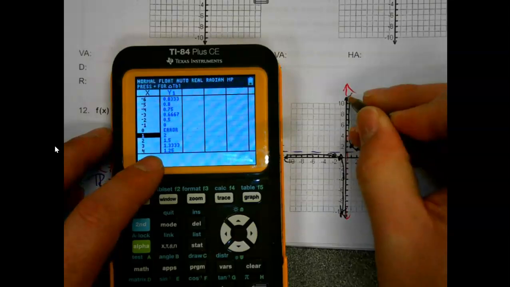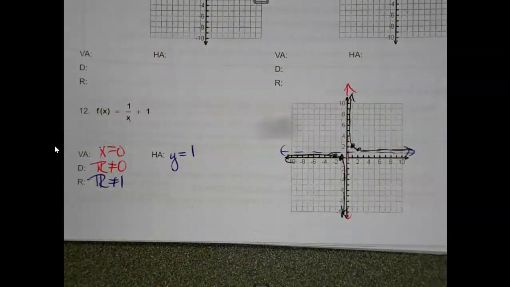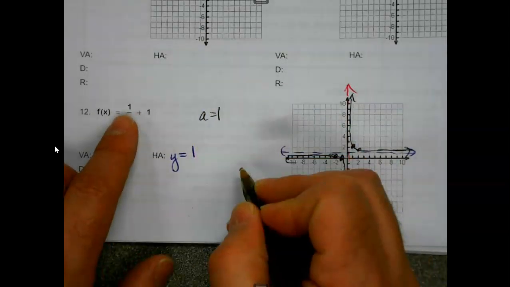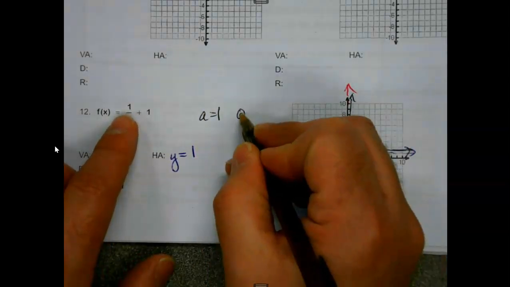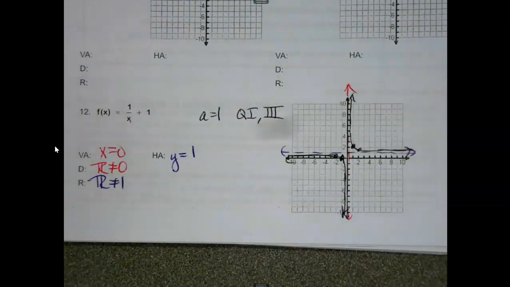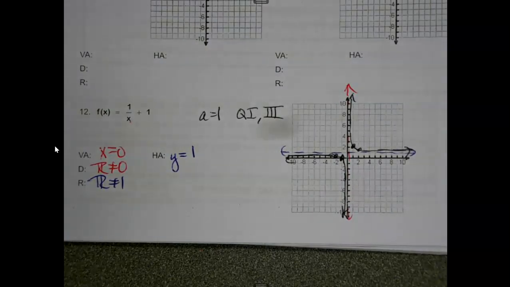I know it didn't ask for it, but again, here my a value is 1, so I've got my branches in quadrants 1 and 3. Again, it's that little bit of a hint that I'm looking for when we're trying to figure this stuff out.